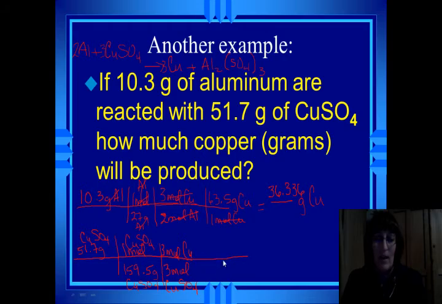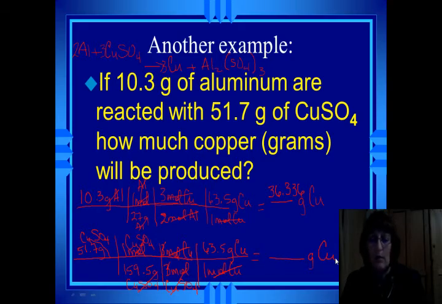And now I just have to change it to 1 mole of copper to 63.5 grams of copper. So moles of copper cancel out, moles of CuSO4 cancel out, grams of CuSO4 cancel out. And look at the 3 and the 3. I can cross out that 3 and 3 because why am I going to put extra work for myself? So this should be in grams of copper.